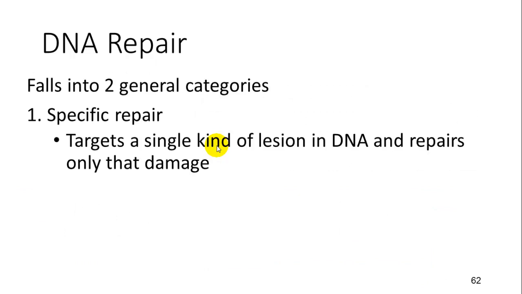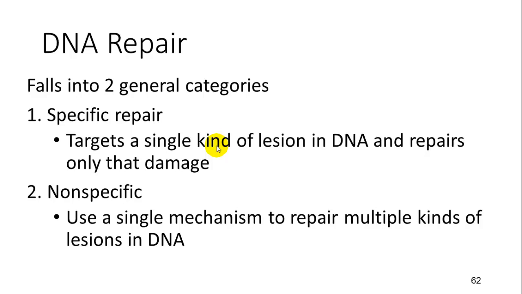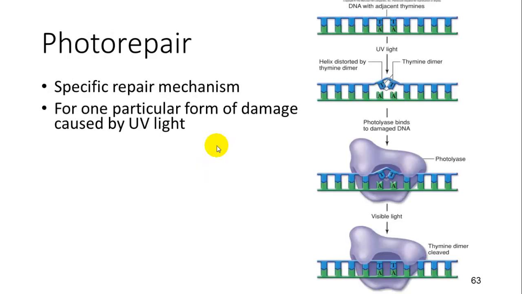Alright, most DNA repair falls into two categories. You can have specific repair, where it's a specific kind of lesion in the DNA, or you can have non-specific, where it can just correct whatever's messed up. It doesn't matter, it'll just take it out and redo it. Photo repair is an example of a specific repair mechanism. This happens if you're exposed to UV radiation from light.